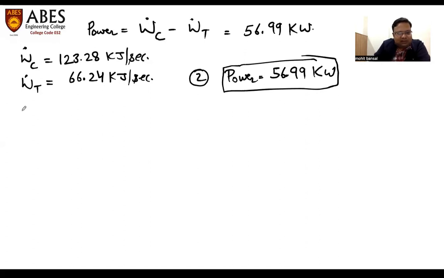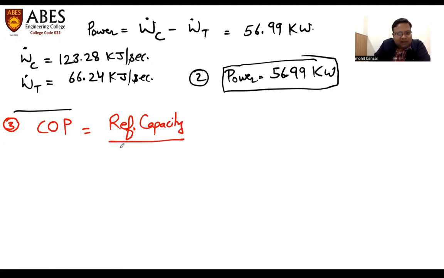Now the third part. In the third question, it is asking us the COP of the system. So we are very much aware this COP is represented as the ratio of refrigeration capacity to the power, and both of them are represented in kilowatt because COP is unitless.